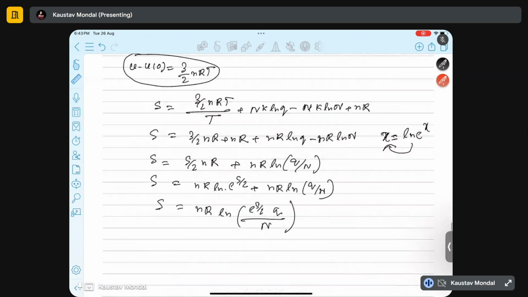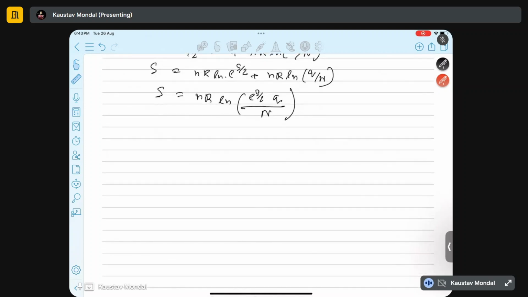Now, suppose a molecule is trapped in an infinite 3D box. Just like in the case of an ideal gas, you can consider each molecule of an ideal gas as trapped inside a 3D box. For that kind of case, the single particle translational partition function expression you already know.